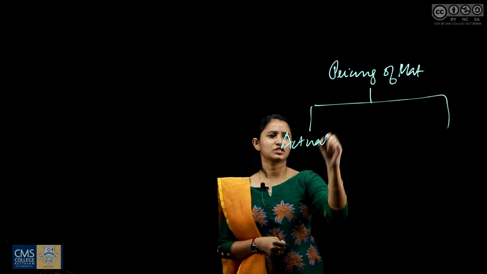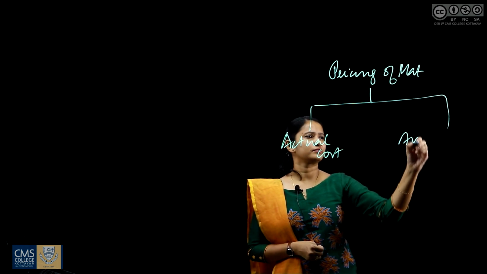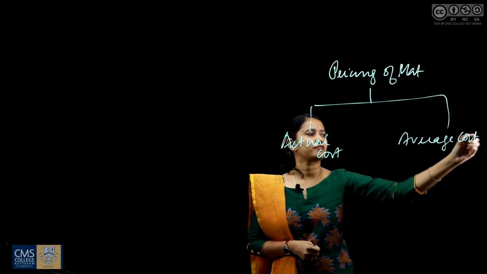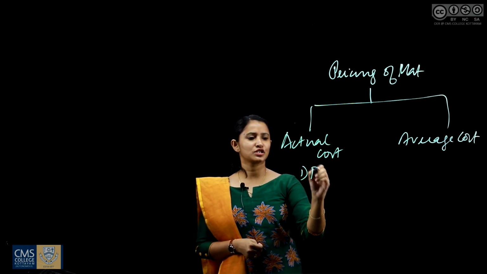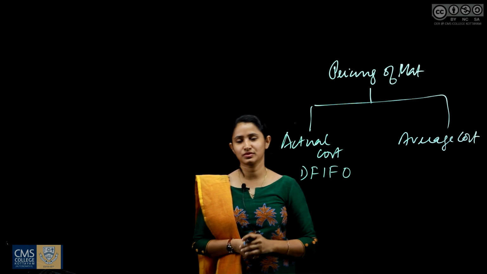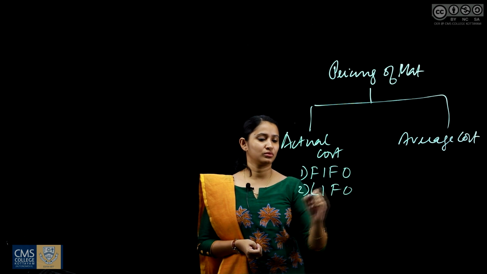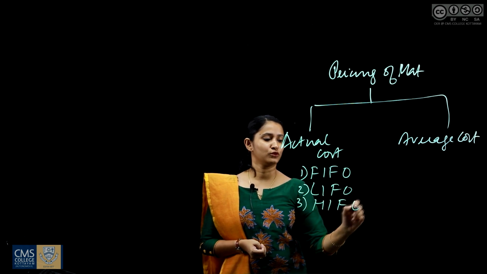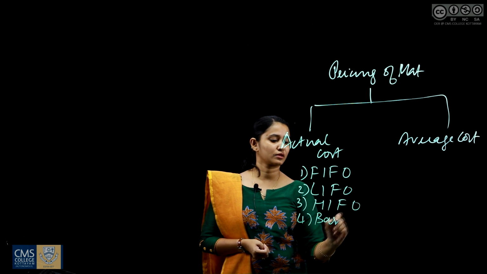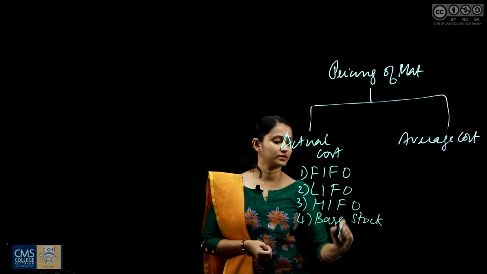Now we will discuss what are the different types of pricing of materials which are used. We said that there are basically two different types. One is the actual cost method, and then we have the average cost method. In actual cost method, we have FIFO, then we have LIFO, HIFO, and the base stock method.